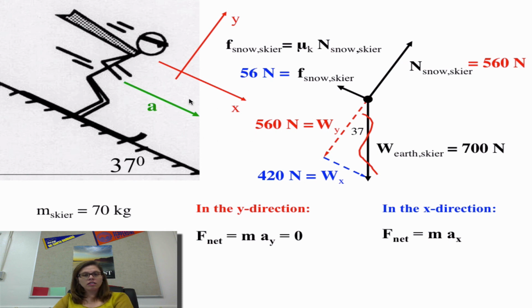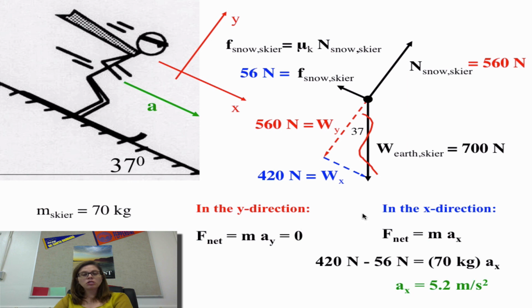So we go with what forces are going down the incline, which is Wx, 420, minus the forces going against this, up the incline, which is friction, 56. So 420 minus 56 equals ma. You solve for it and you get 5.2 meters per second squared for the acceleration.